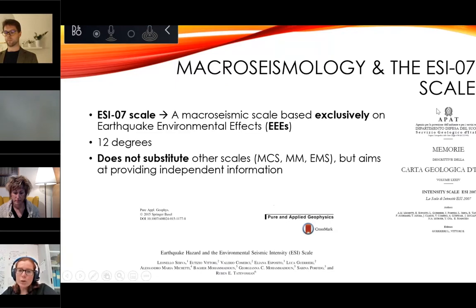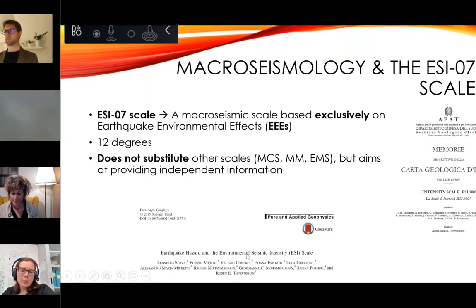I put here, to the right, a screenshot of the guidelines, the paper that proposed the ESI scale. It includes a description of the scale, a description of how to use it and when to use it.